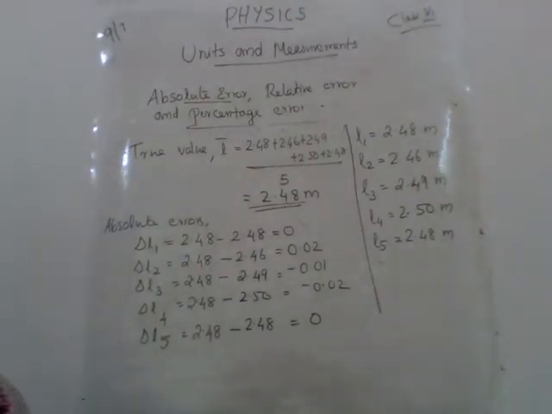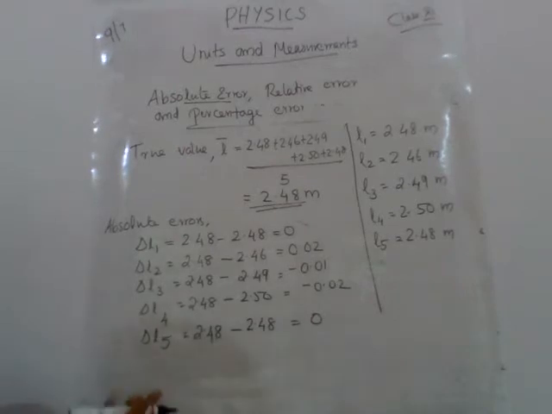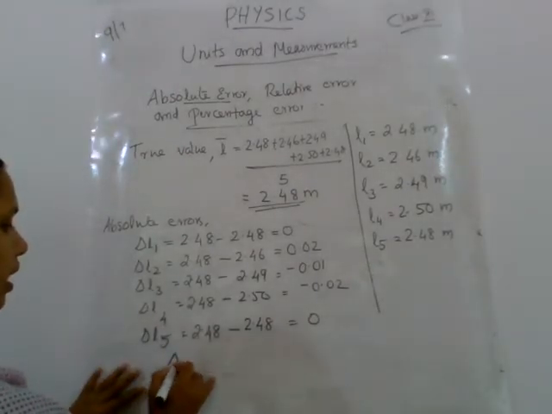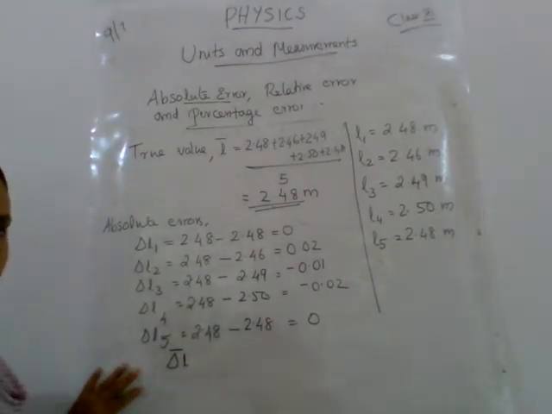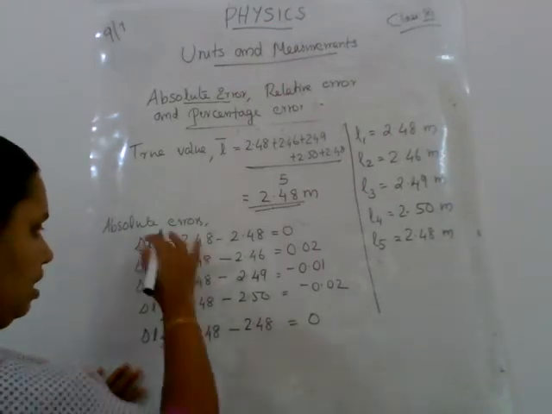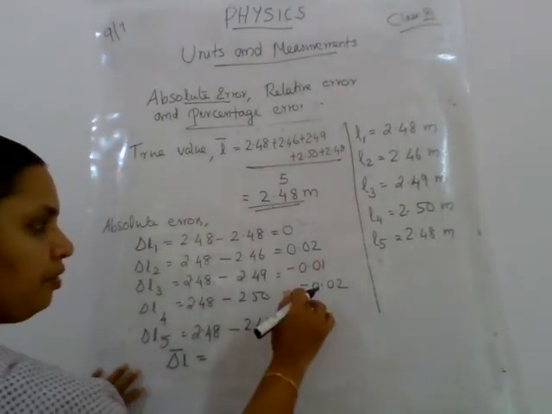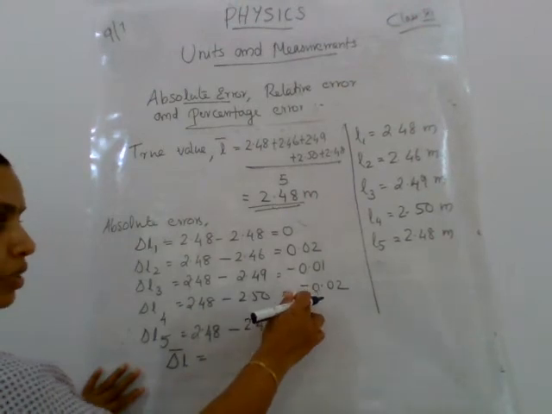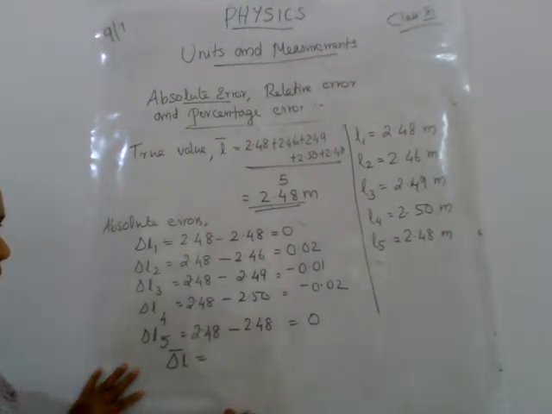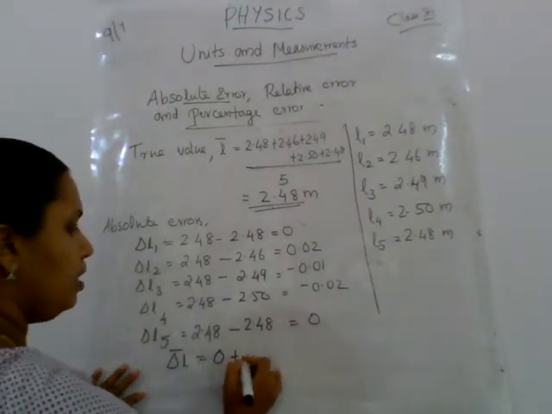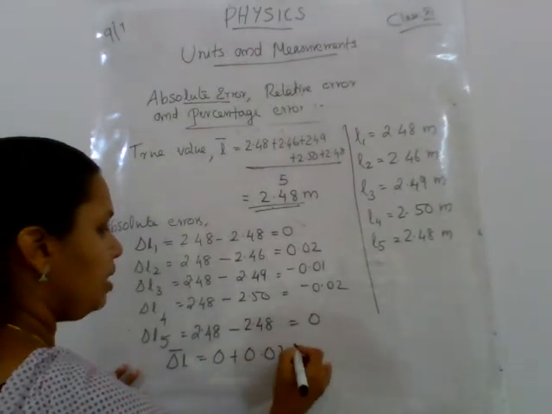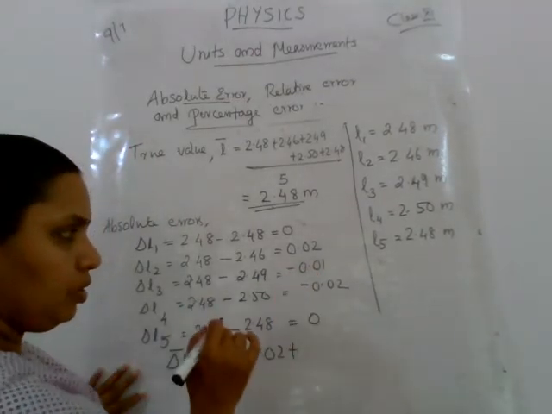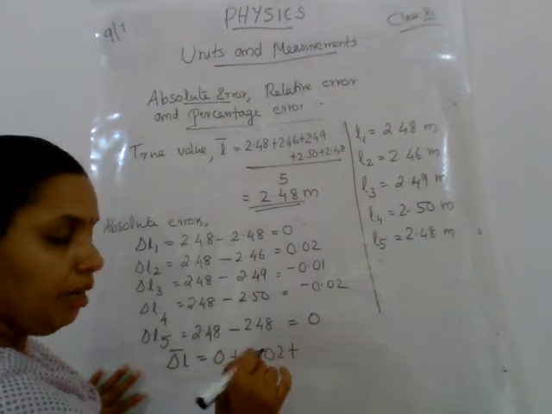Then what is it? Mean absolute error, isn't it? That is delta L bar. What is delta L bar? The sum of the magnitudes of these divided by the number. So what is it? 0 plus 0.02 plus... Here it is negative, so we have to consider only the magnitude.